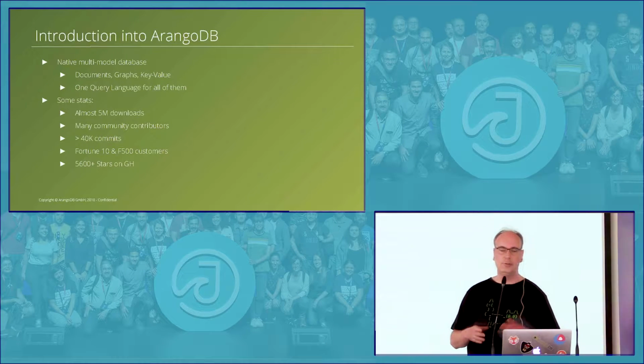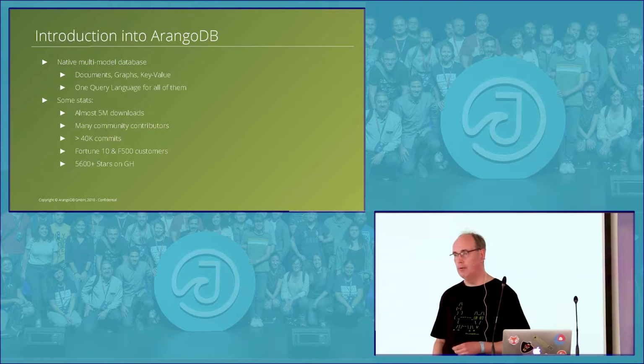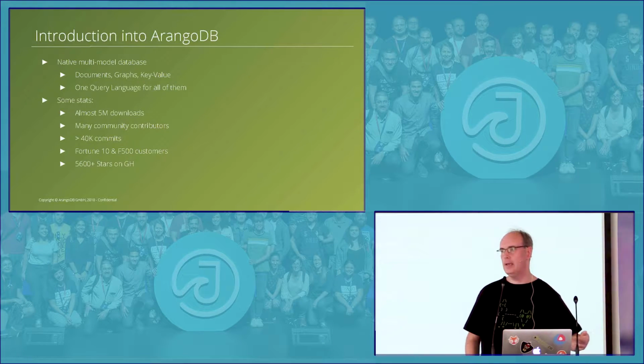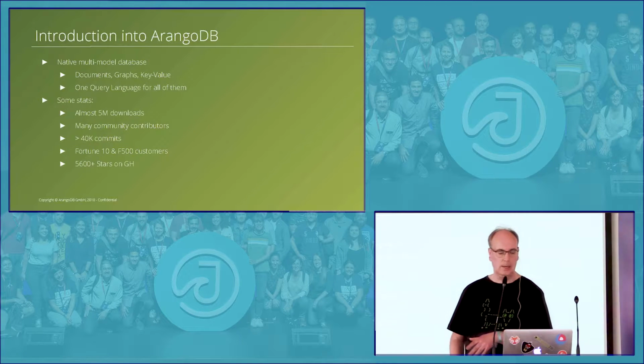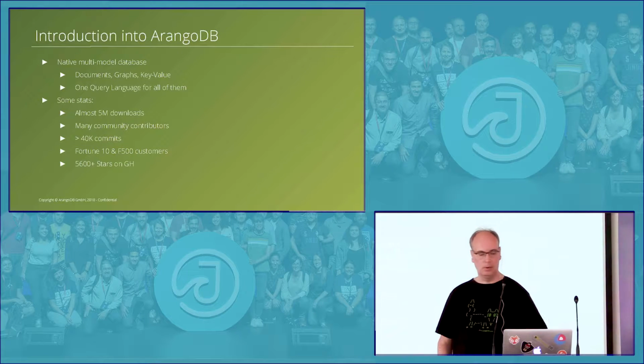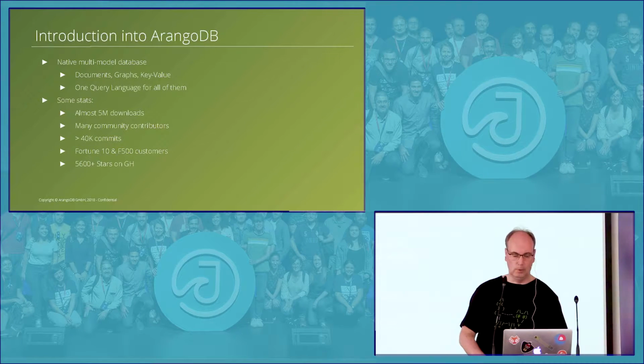So the storage engine is used for everything. And you can also use a single query language to cover everything. So you don't need to have your documents in database A and your graphs in database B, and so on, with all the negative side effects that you have from that. It is just all in one, and you can share all your operational knowledge and all your backup cost and all that stuff in one thing.